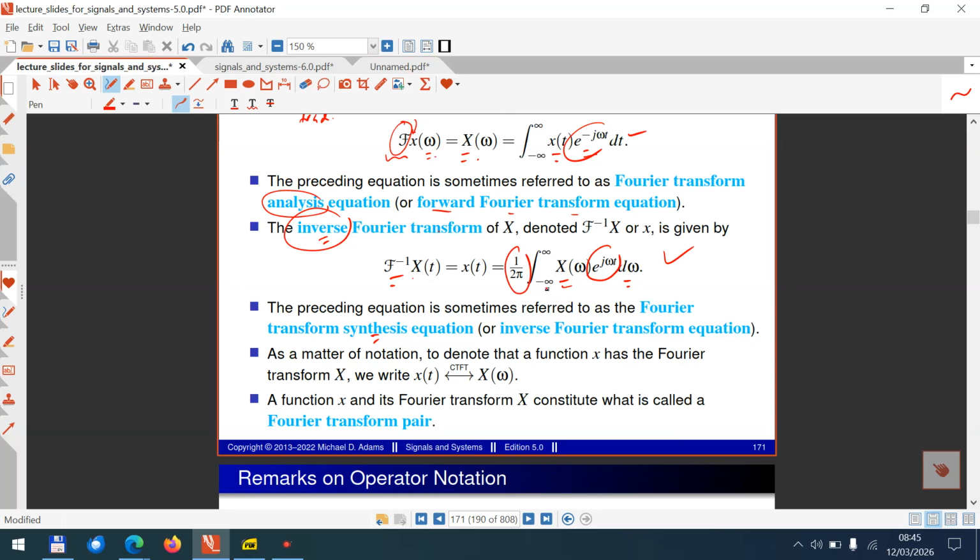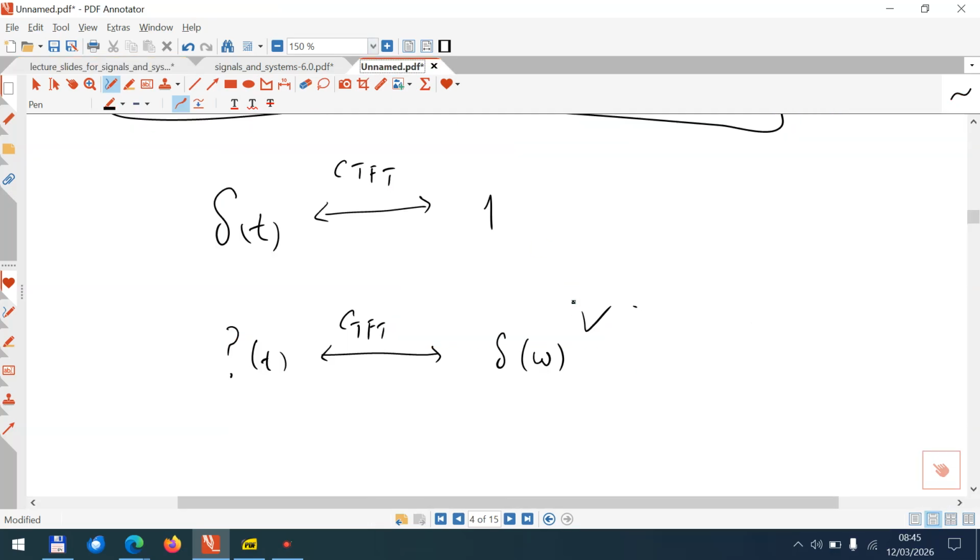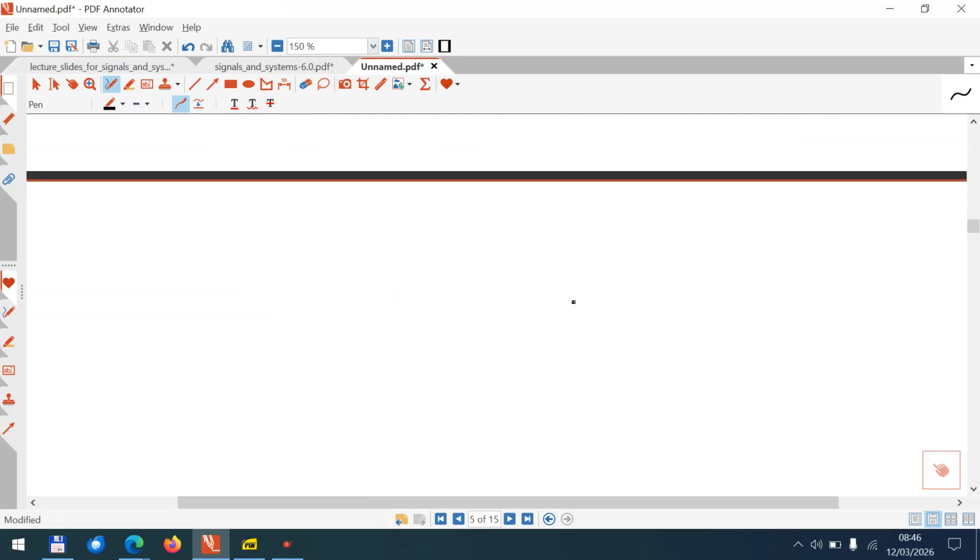Pay attention to this, 1 over 2 pi, minus infinity to plus infinity, X of omega, exponential j. So let's do it here because I want you to think about this. If you just copy it from there, it won't work.